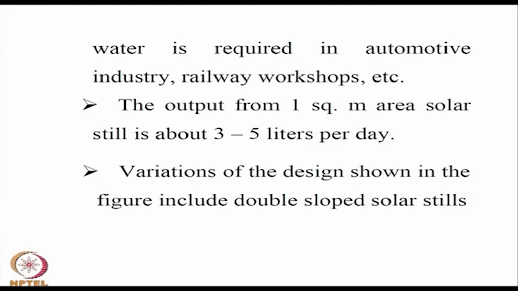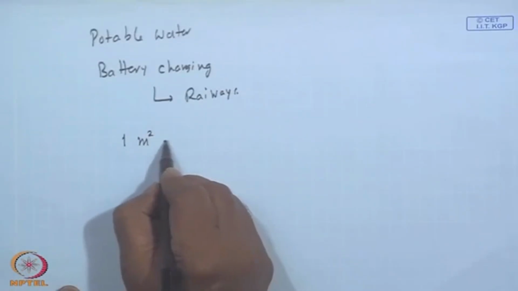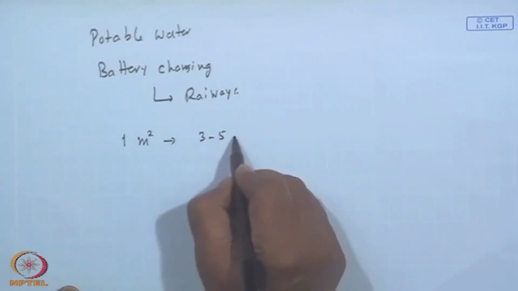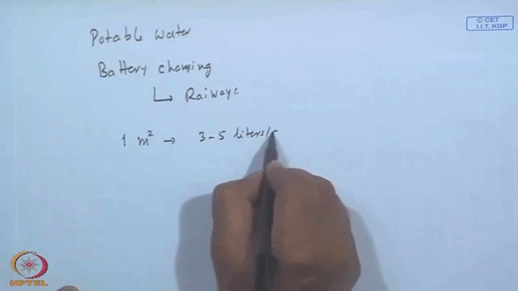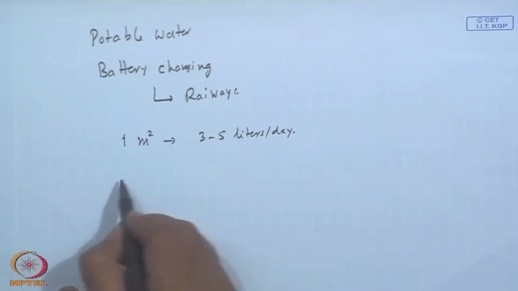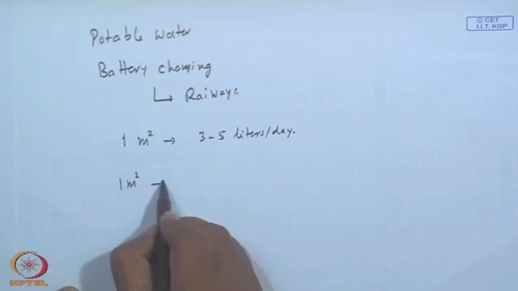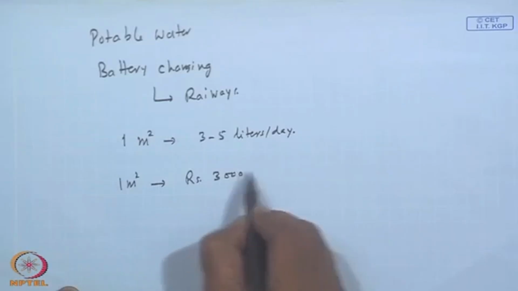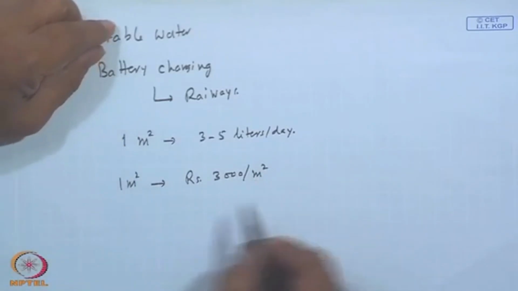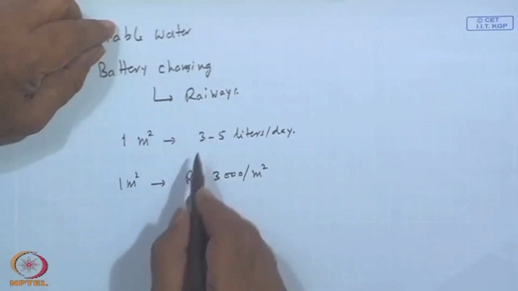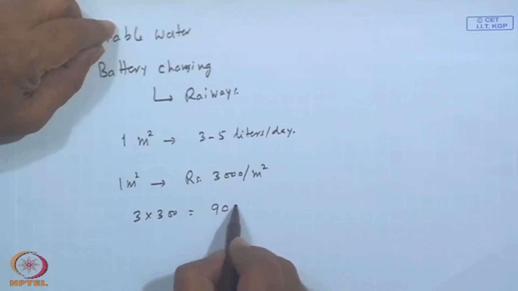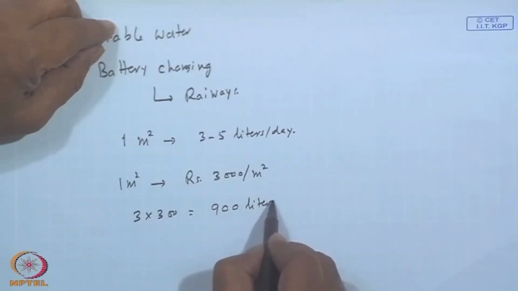So, the output from 1 square meter of the solar still is about 3 to 5 liters a day. So, if 1 square meter may be costing around, let us say, Rs 3000 per meter square, even at the rate of 3 into 300, that will be about 900 liters per year.